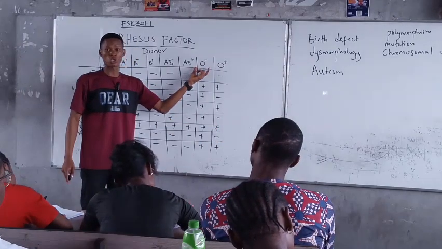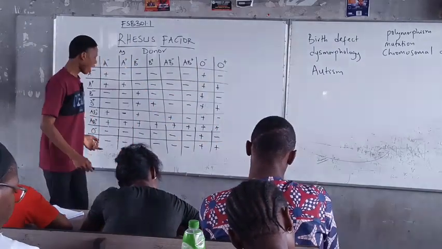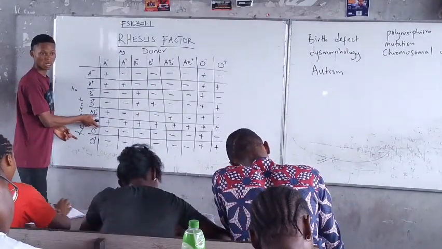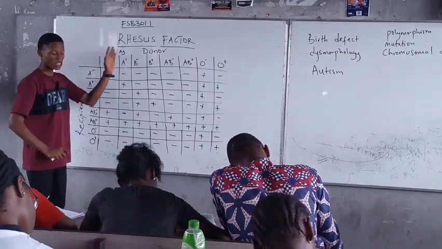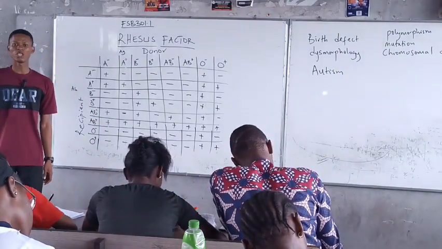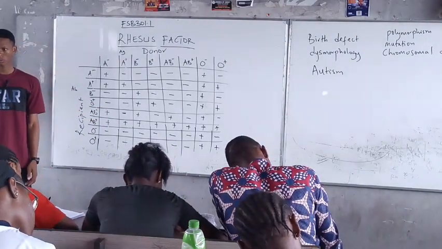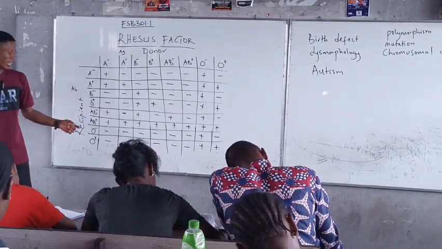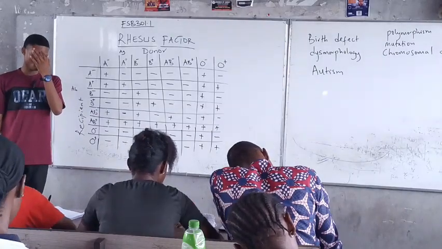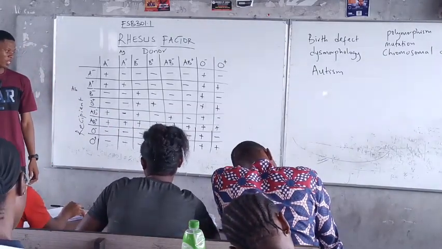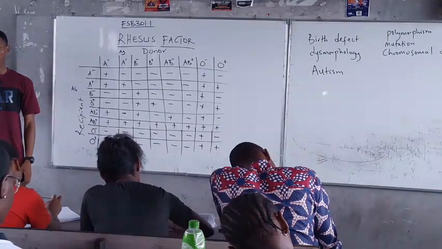So O negative is the universal donor, while AB positive is the universal recipient. So write it down after this chart. O negative is the universal donor, while AB positive is the universal recipient.